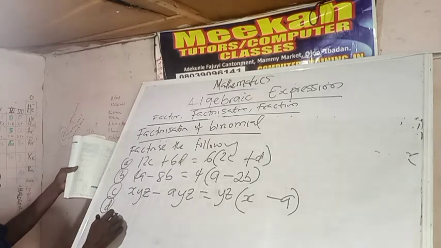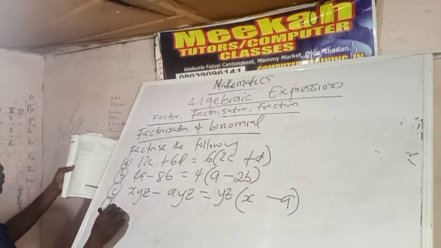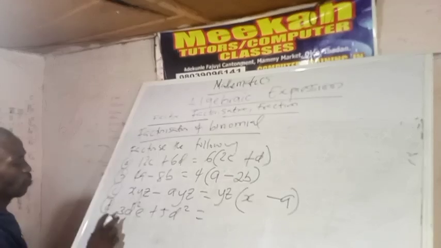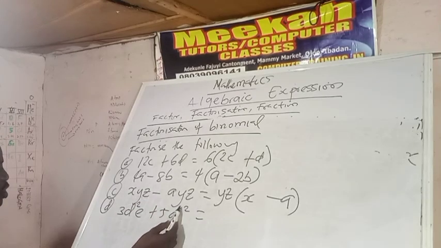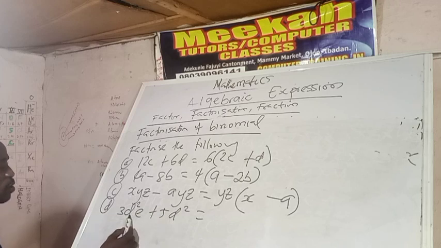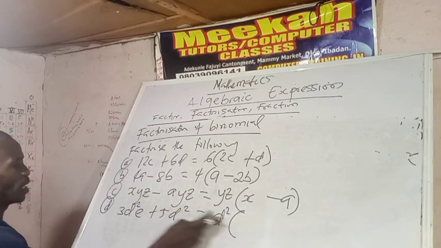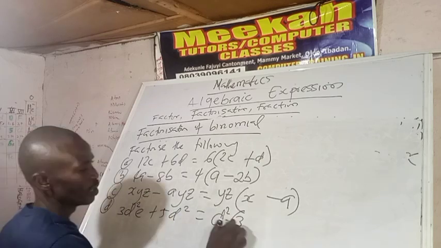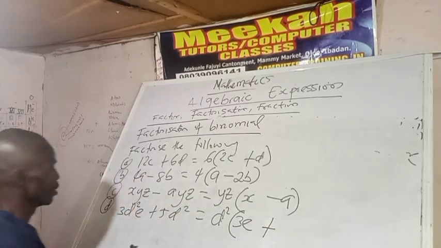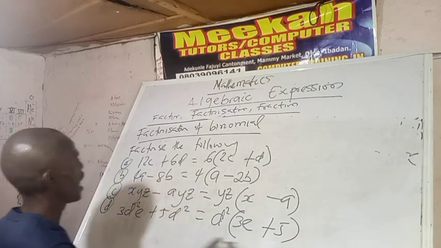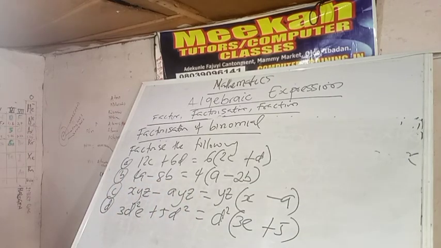If you have 3d squared e plus 5d squared. What is both common here? D squared is common. And what again? Nothing. Take this one. D squared into bracket. What do you have? When d squared go here, what do you have? 3e. 3e plus when d squared cut out there, what remain? 5. I have factorized all this one.